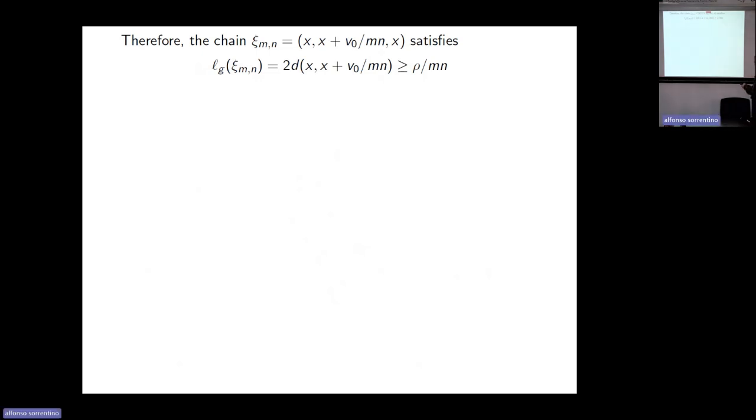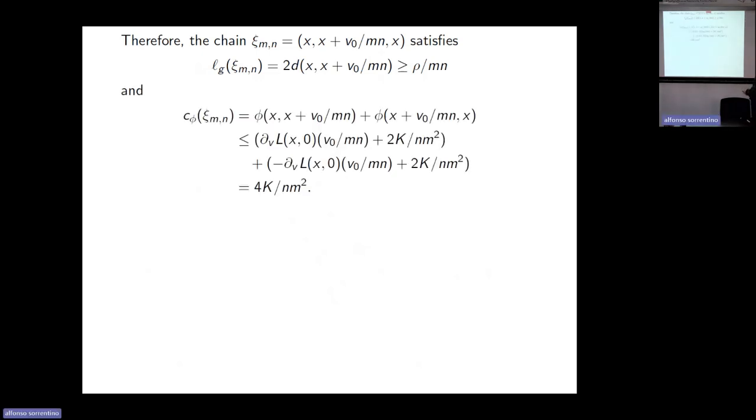Okay, twice what I found. And what is the phi cost of the chain? I just add the 2 phi costs that I found. Okay, it was this linear map applied to v0 divided by mn plus 2k divided by n m squared. These two cancel out now because you go v0, you come back minus v0. When it's linear, they cancel out. And you remain with 4k over n m squared.